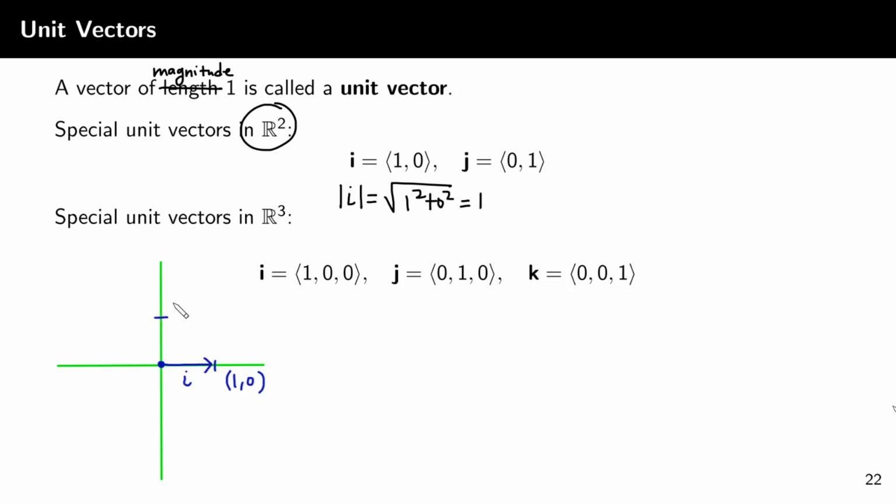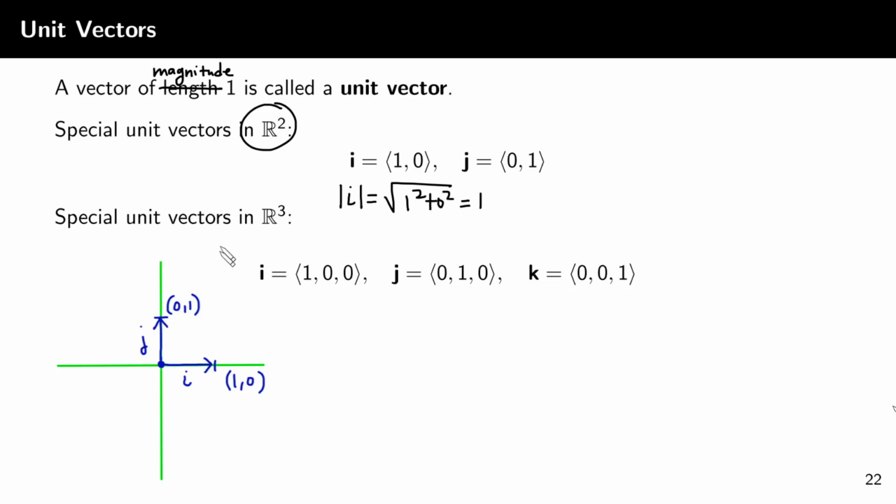Andito yung point na 0, 1. So, therefore, ito ang vector J. So, vectors I and J are unit vectors that lie along the x and y axis respectively.